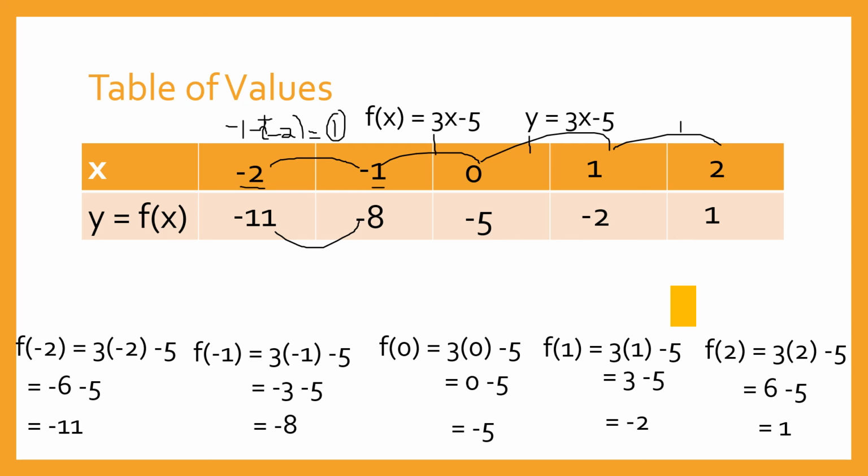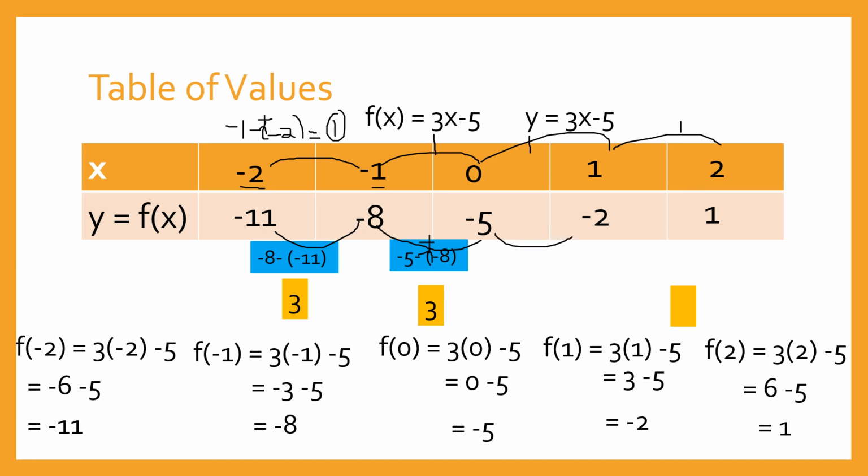Now, check the difference here. We have negative 8 minus negative 11, that is equal to 3. How about here? Negative 5 minus negative 8, that is also equal to 3, because this becomes plus. Change the sign of the subtrahend and proceed to addition. So negative 5 plus 8 is 3.